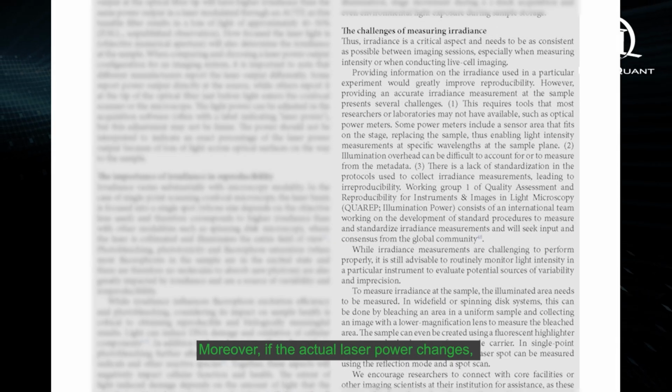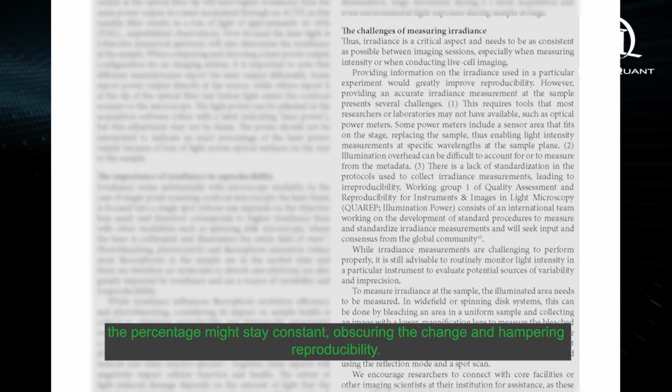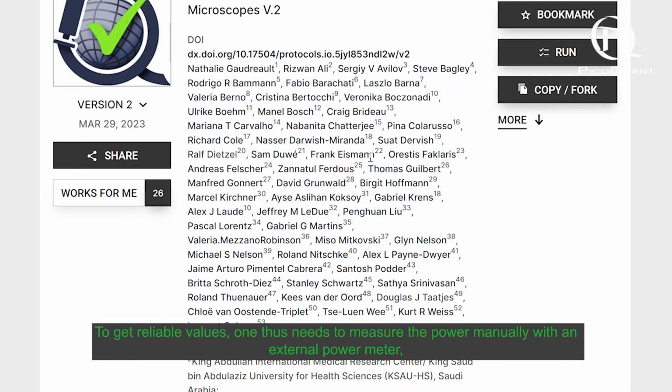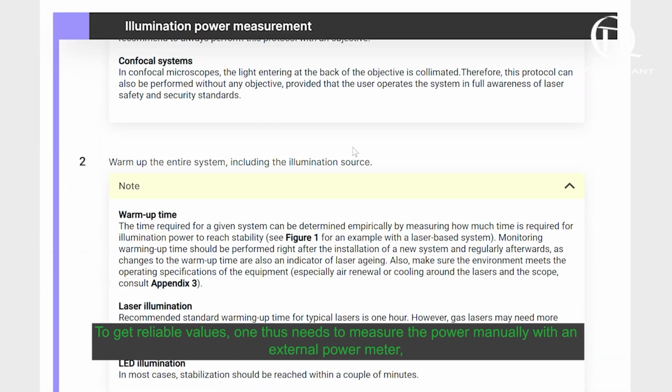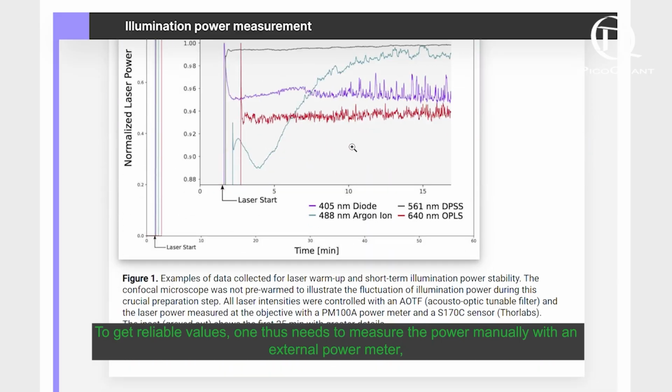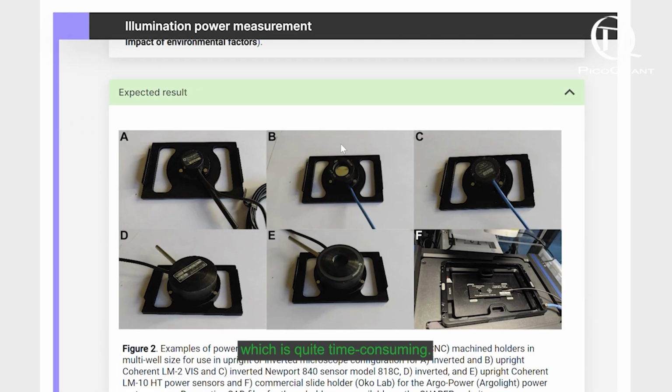Moreover, if the actual laser power changes, the percentage might stay constant, obscuring the change and hampering reproducibility. To get reliable values, one thus needs to measure the power manually with an external power meter, which is quite time-consuming. It also raises the question where to save that information.